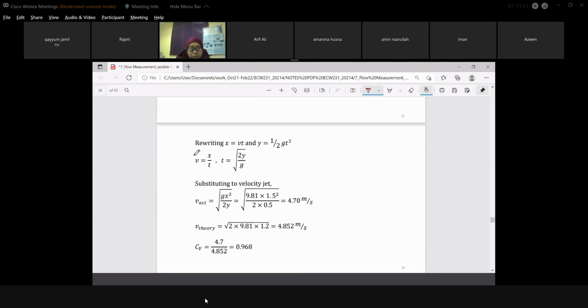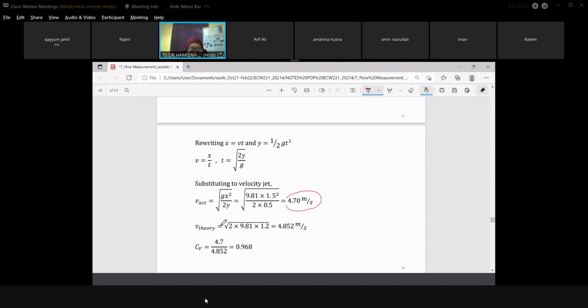Okay, so we use this formula: V actual equals square root of g x squared over 2y, or T equals square root of 2y over g. g is 9.81, X is given as 1.5, and Y is 0.5. So you get V actual is 4.7.